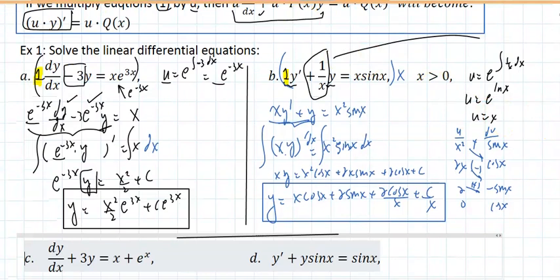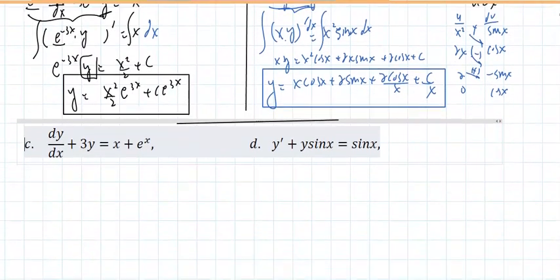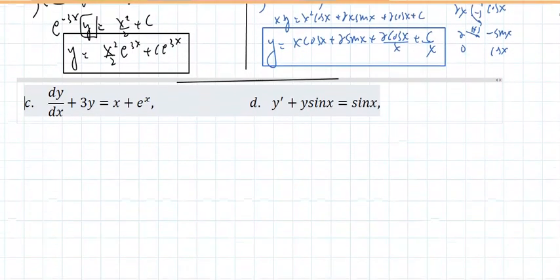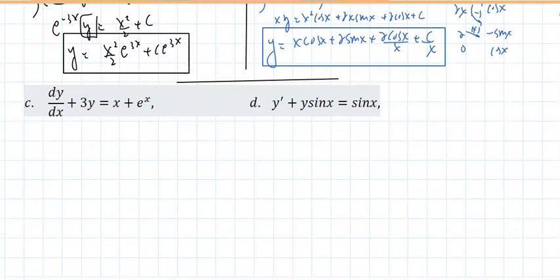And if I look at the next problem, make sure that's a 1. That's always the case. Not in this section, in any section. Well, this is a first order linear differential equation.